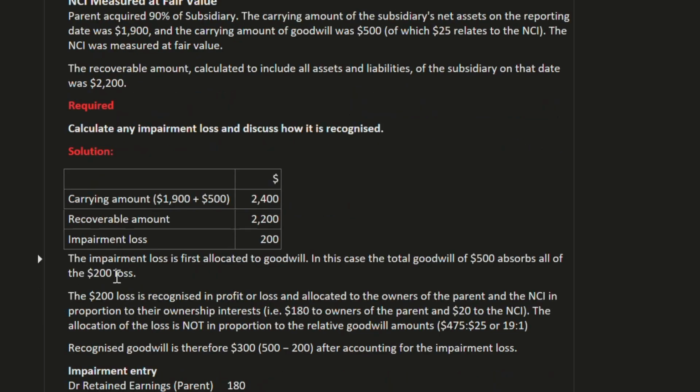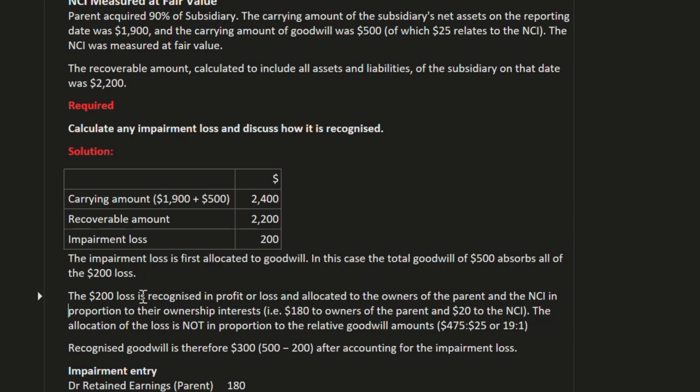The impairment loss is first allocated to goodwill. In this case, the total goodwill of 500 absorbs all the 200 loss. Okay. First, it will allocate to the goodwill. If goodwill is fully allocated, then we are going to allocate on the CGUs like this.